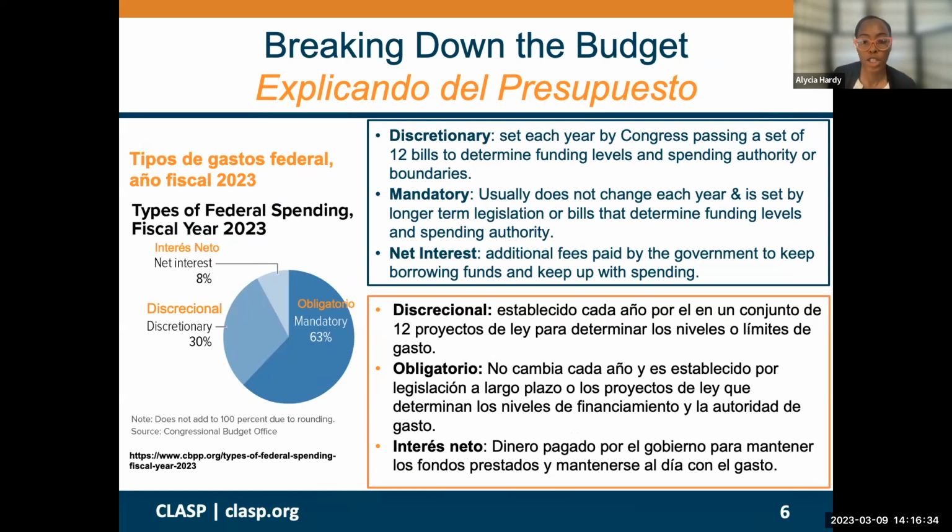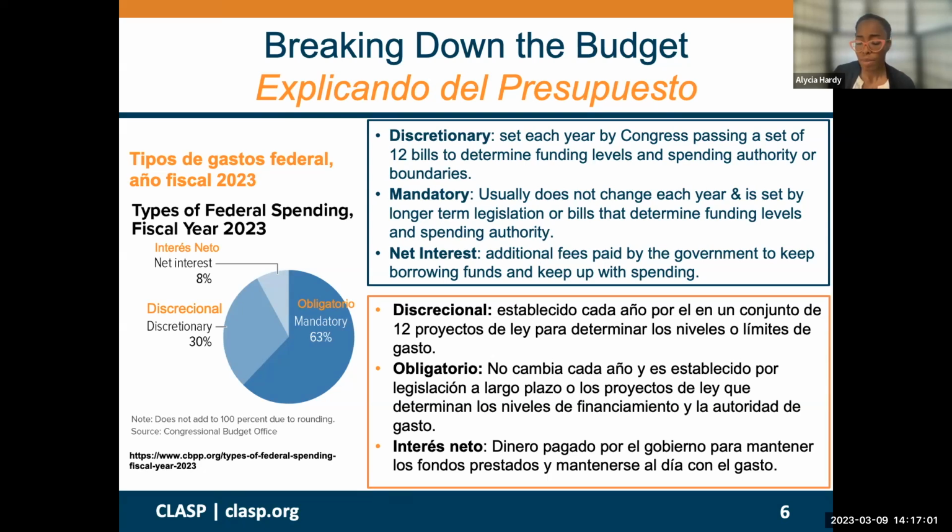The federal budget is made up of three spending categories: discretionary, mandatory, and net interest. Discretionary funding levels are set each year by Congress through 12 appropriations bills. Those bills determine spending authority or set boundaries around how those funds can be spent.